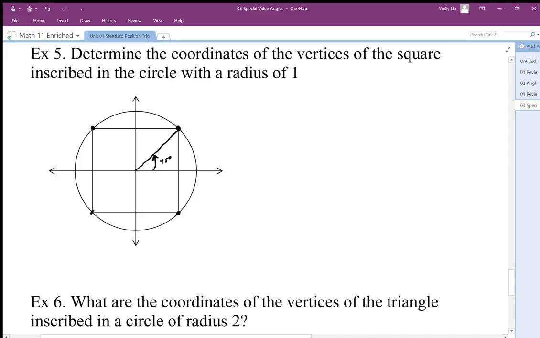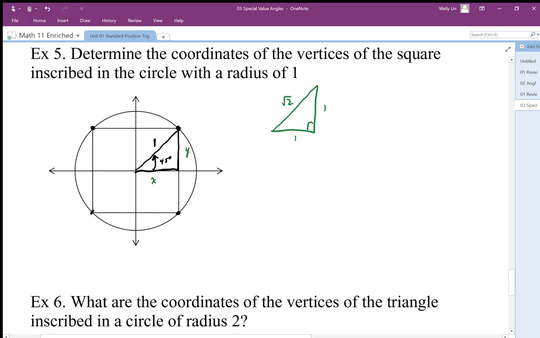So we know that this triangle here is a 45-degree triangle, and in this case the radius is 1. So we need to compare that triangle with the special triangle, which has sides 1, 1, root 2. Okay, and we can work out the x coordinate and the y coordinate by relating it to this triangle.